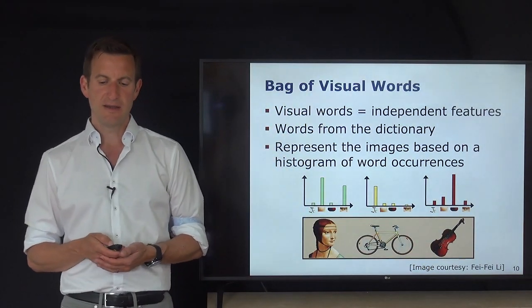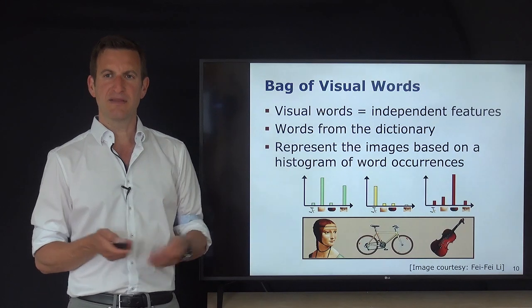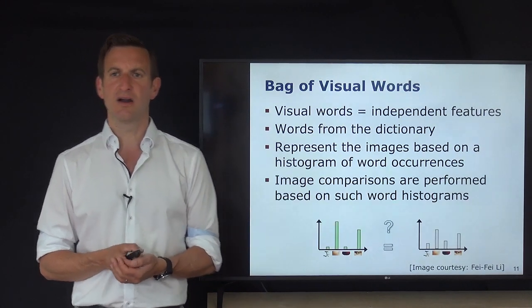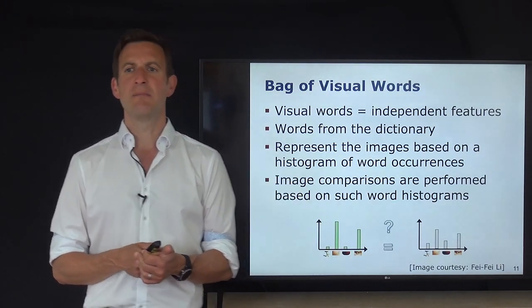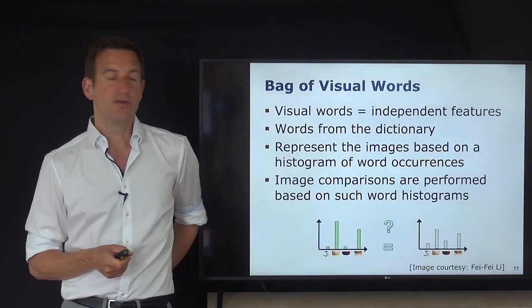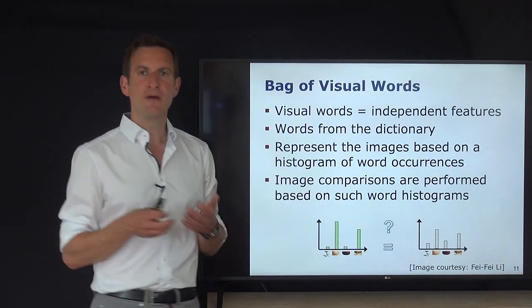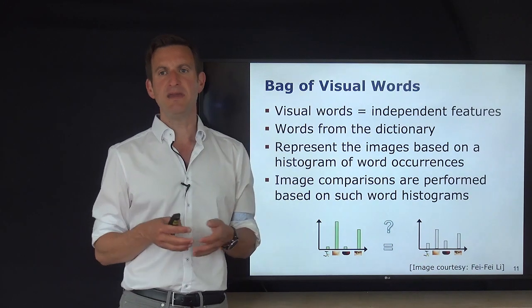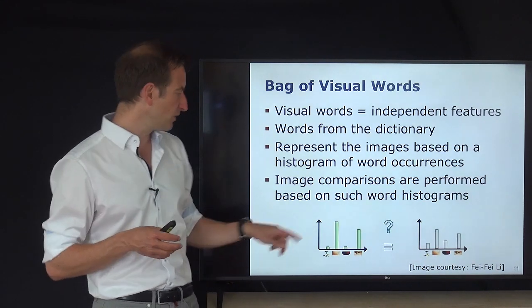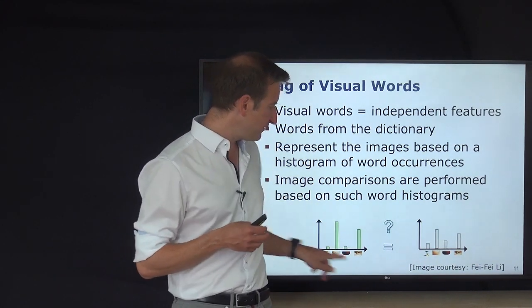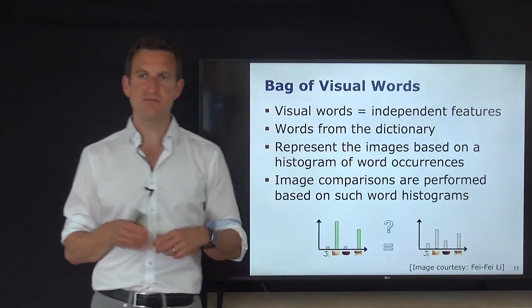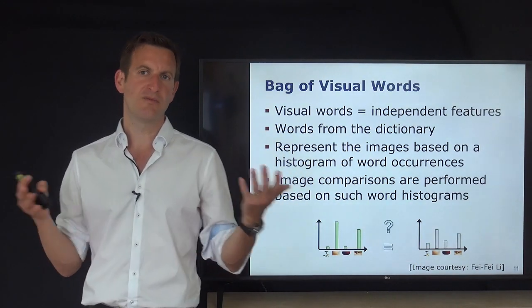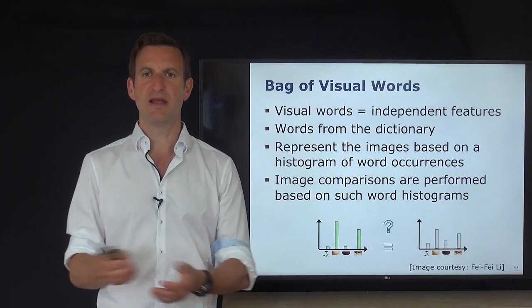And what the Bag of Words approach then does is it simply takes those histograms, forgets about the image information, and then asks how can I make the decision if two images are similar? It just does it by comparing those histograms. So you're comparing the distribution of visual words that appear in your images. Then you say, okay, is this distribution similar to this distribution, yes or no, with some form of distance metric or similarity.